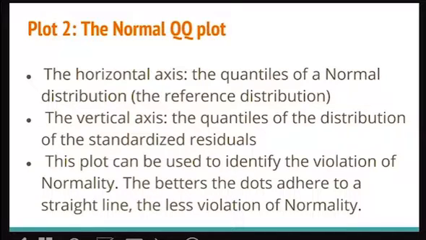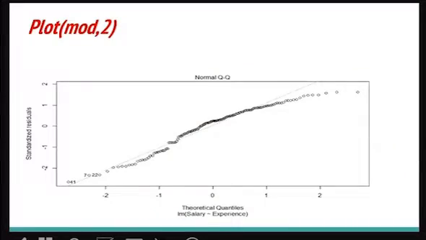And in the horizontal axis, we got the quantiles of a normal distribution. And I said this plot can be used to identify violations of normality. And how am I going to know if the normality assumption holds using the QQ plot? The better the dots adhere to the straight line, the less the violation of normality. That's what we mean. Okay.